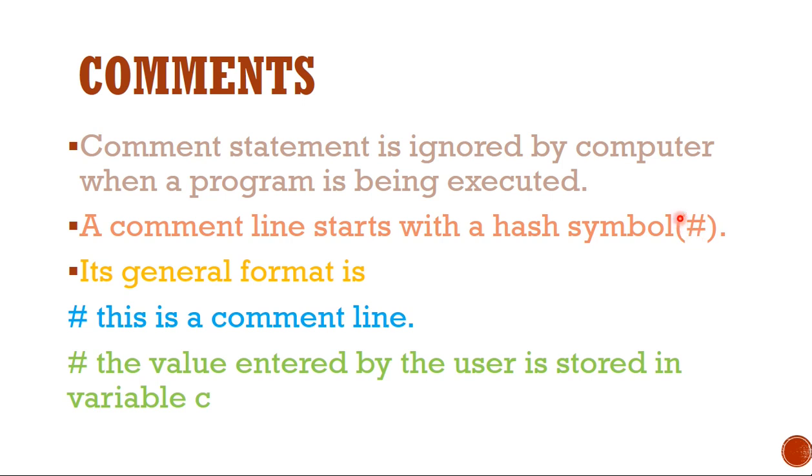When we want to write a comment, we write the hash sign first and then the sentence, and its general format is like this. After putting this sign, we can write anything that will not be visible to the user or compiler.